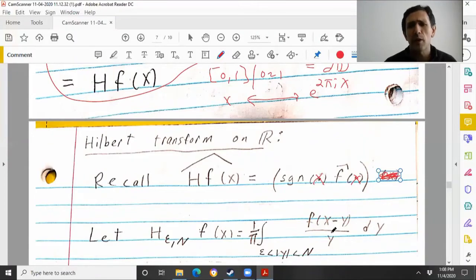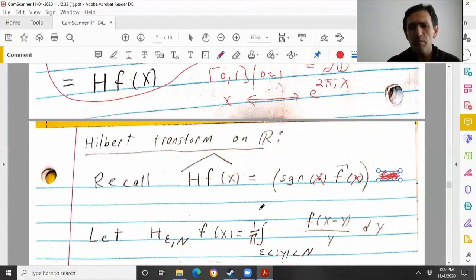I should find out. So let's define h epsilon n to be this integral here. And I apologize if this is going to seem anticlimactic at the end, because what we're going to basically be doing is letting epsilon go to 0, n go to infinity. And that's basically what the Hilbert transform is going to be.